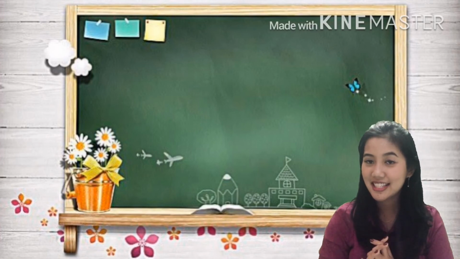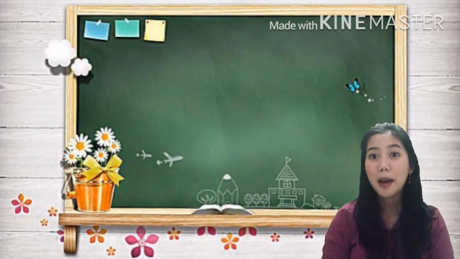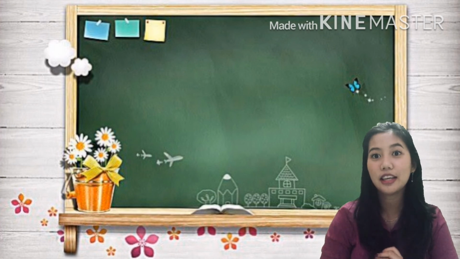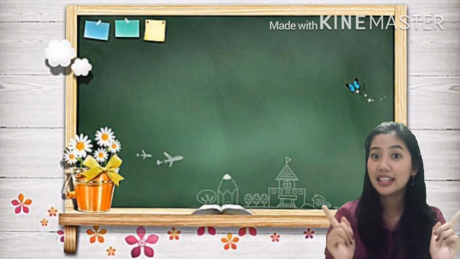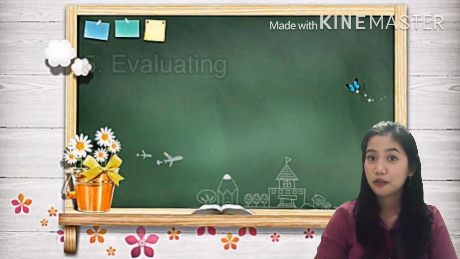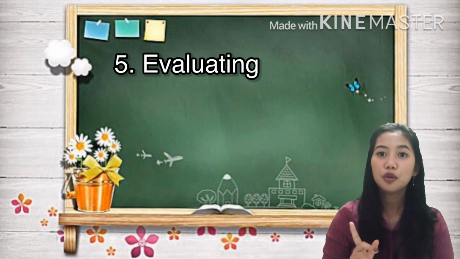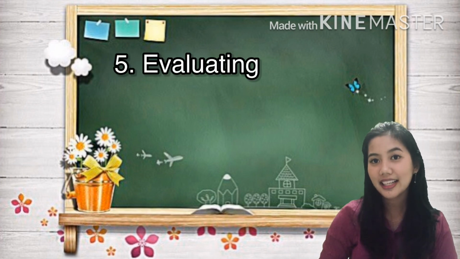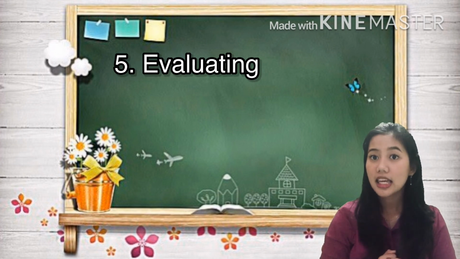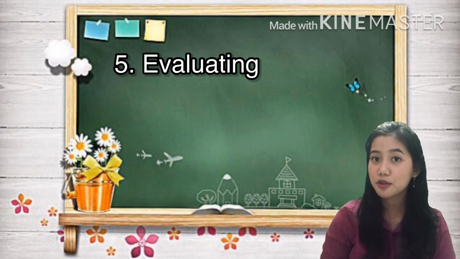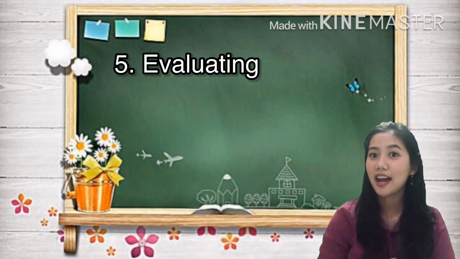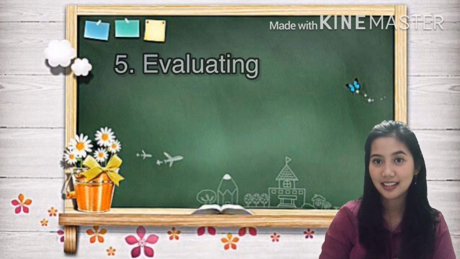Last but not least, everything you've done must involve an evaluation. This stage is called evaluating. You will reflect on your own learning and evaluate how you did as a learner in terms of being a problem solver and a self-directed learner.